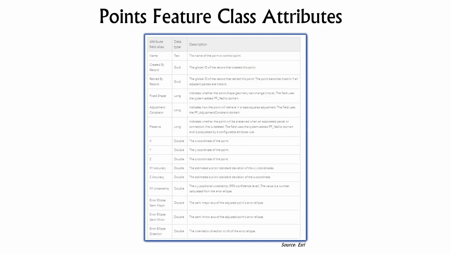These historic layers can be added to your map to show historic progression of parcel features. The historic layers are created with the following query: retired by record is not null. If the retired by record field is populated with the record global ID, then that feature will display in the historic layer.